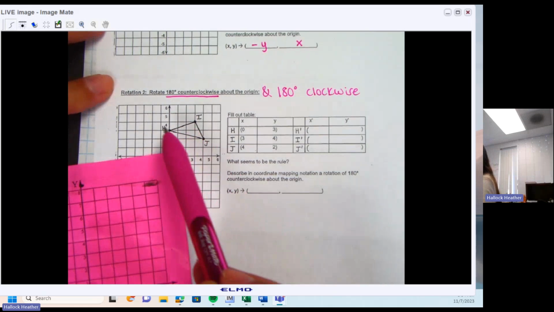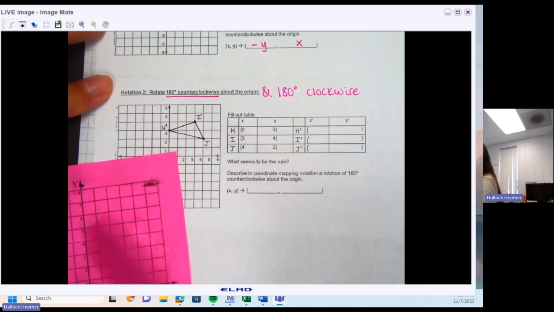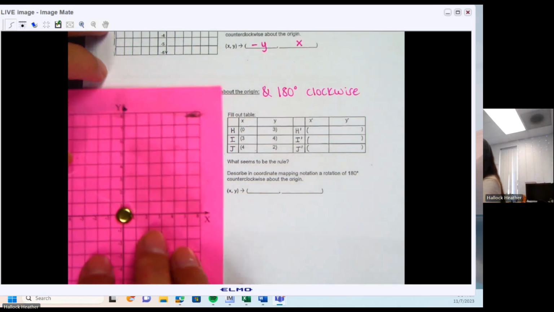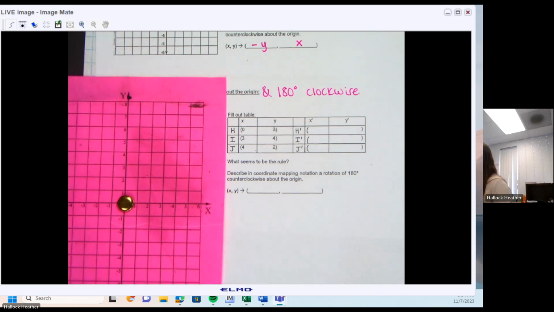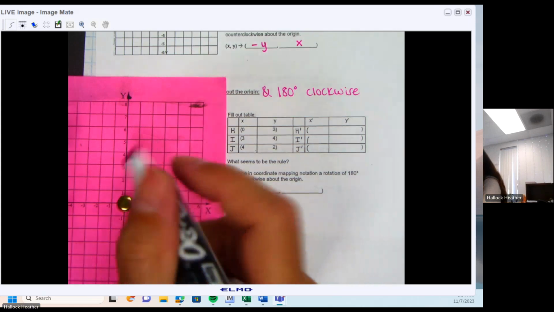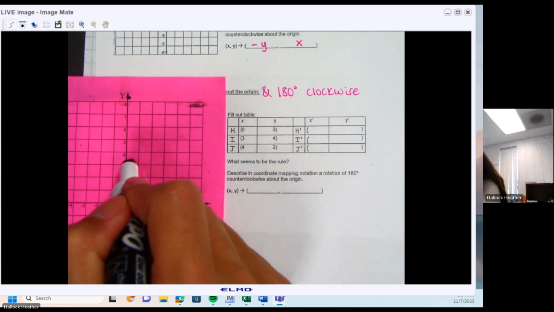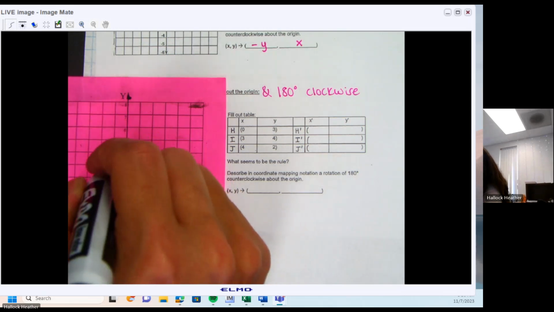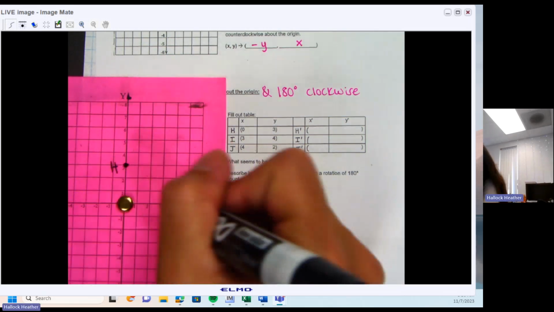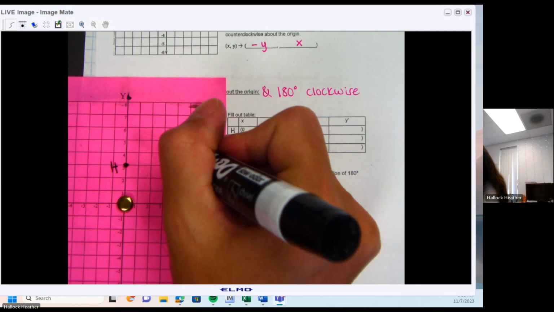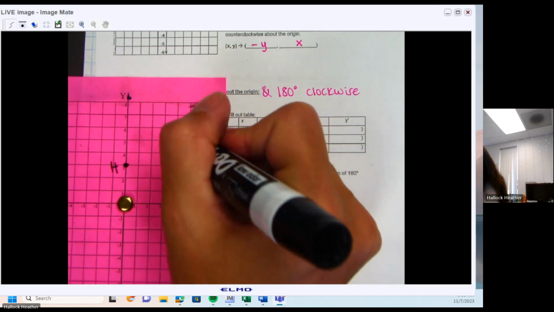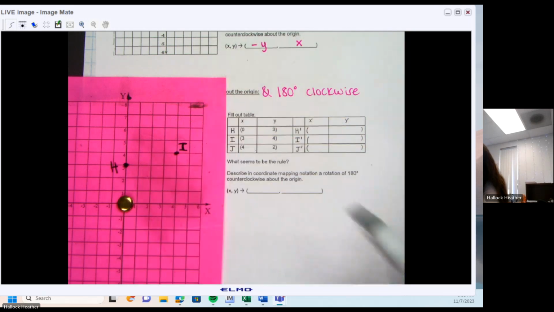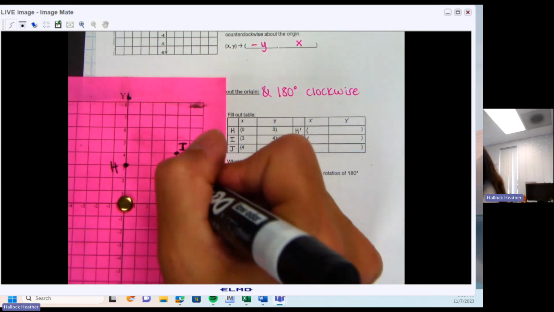We're going to plot H, I, and J on our pink graph. So H is at 0, 3. I is at 3, 4. And J is at 4, 2.